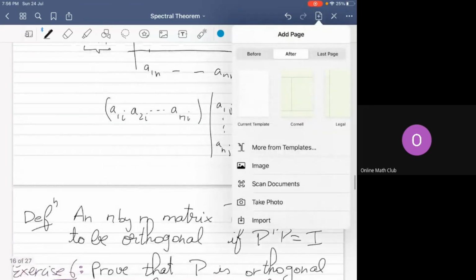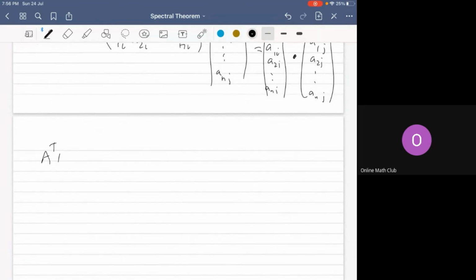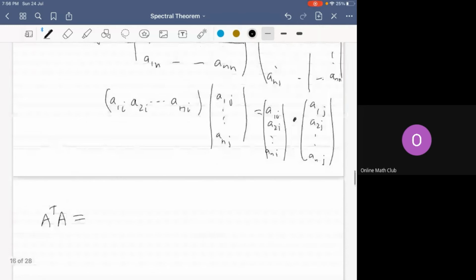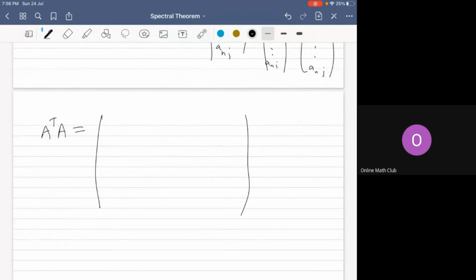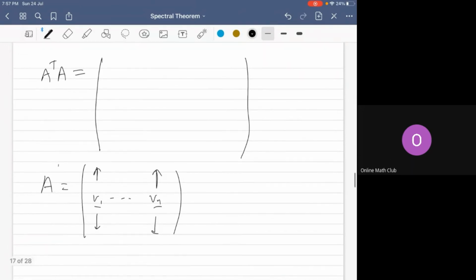So that means that A transpose A for any matrix is this. If A has columns v1, ..., vn, then A transpose A would be v1 dot v1, v1 dot v2, ..., v1 dot vn, v2 dot v2, and so on.